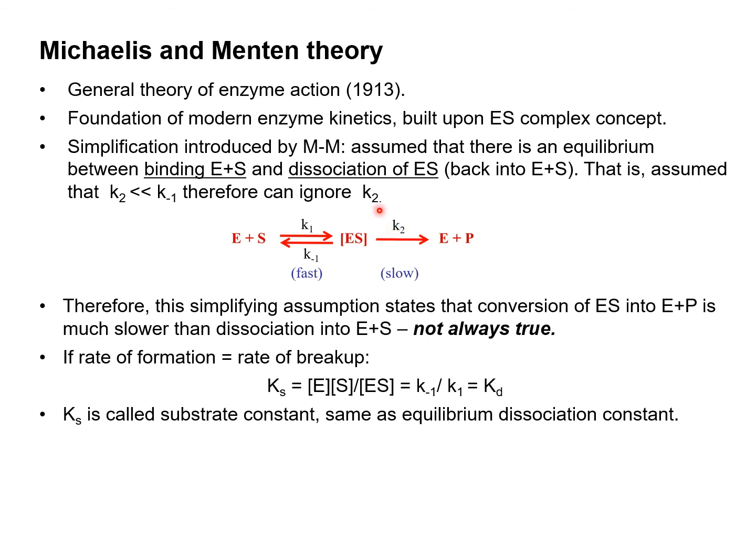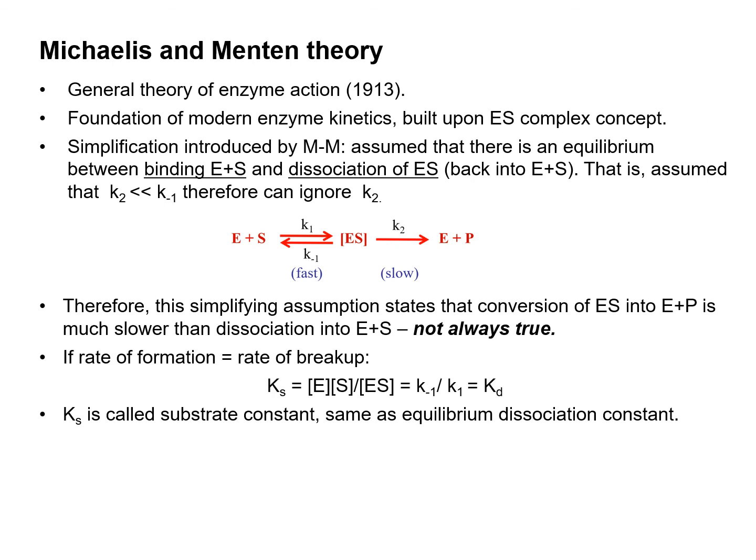Therefore, since this k2 is much smaller, we can ignore the k2, and this simplifying assumption states that the conversion of ES complex into E plus P is much slower than dissociation of this ES complex into E and S. Like we said, k2 is much smaller, so it will generate E and P at a much slower rate.